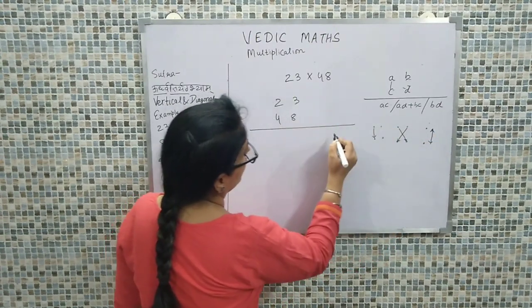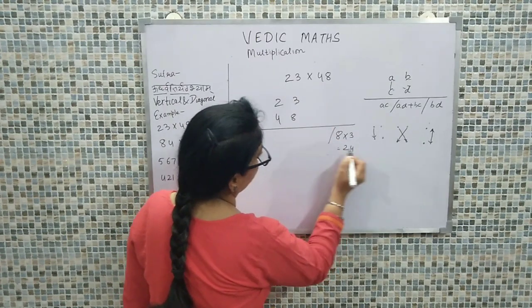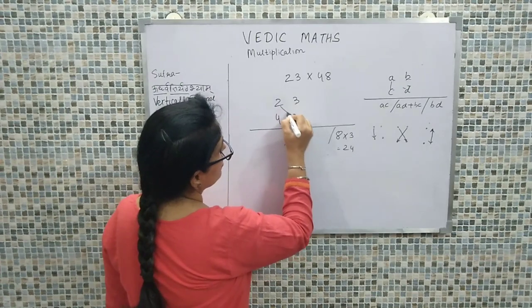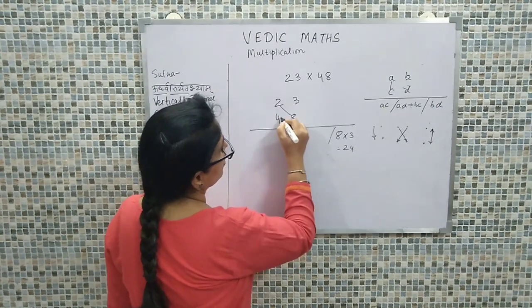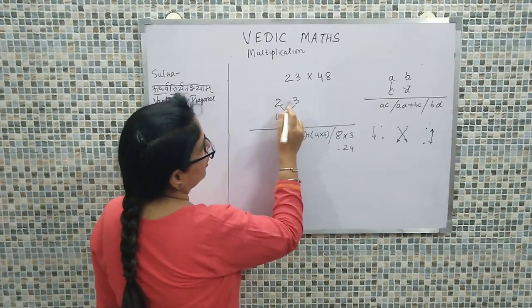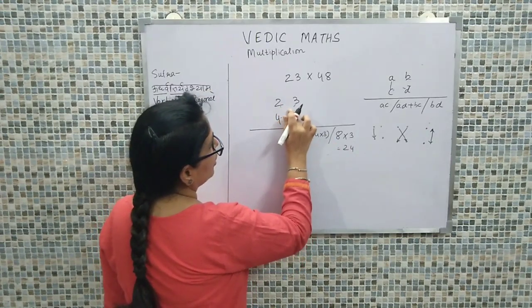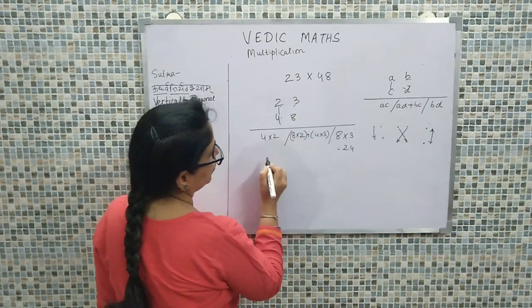So 8 into 3, that is 24. The second part is 8 into 2 plus 4 into 3. And the third part will be 4 into 2.